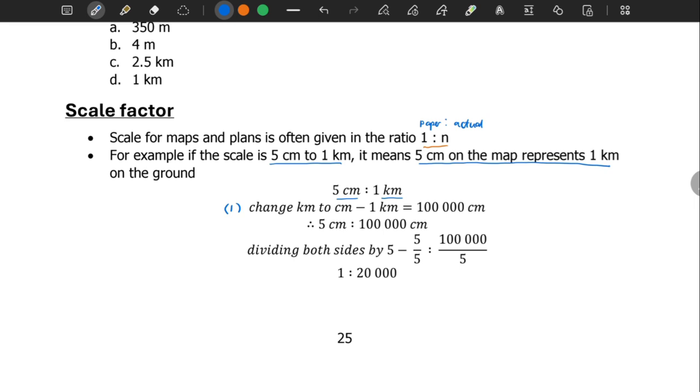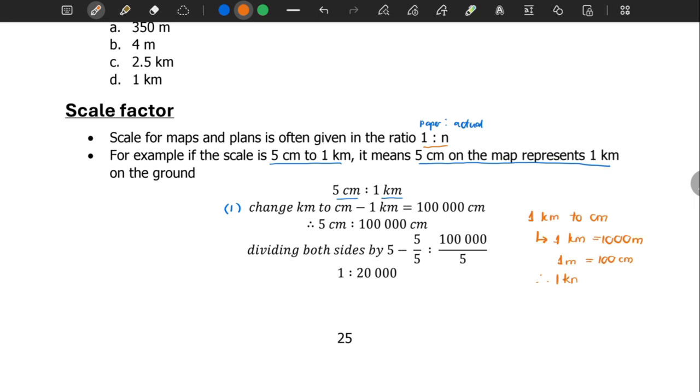It's easier by first converting 1 kilometer to meters. 1 kilometer is equal to 1,000 meters, and 1 meter is 100 centimeters.